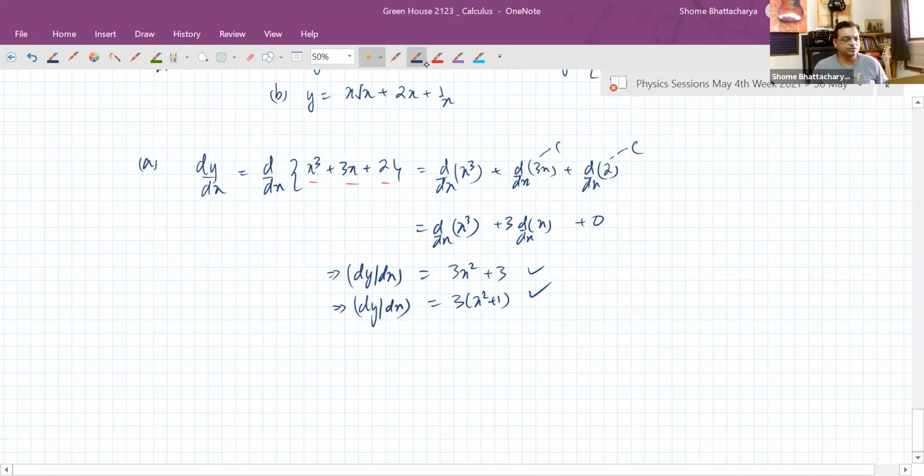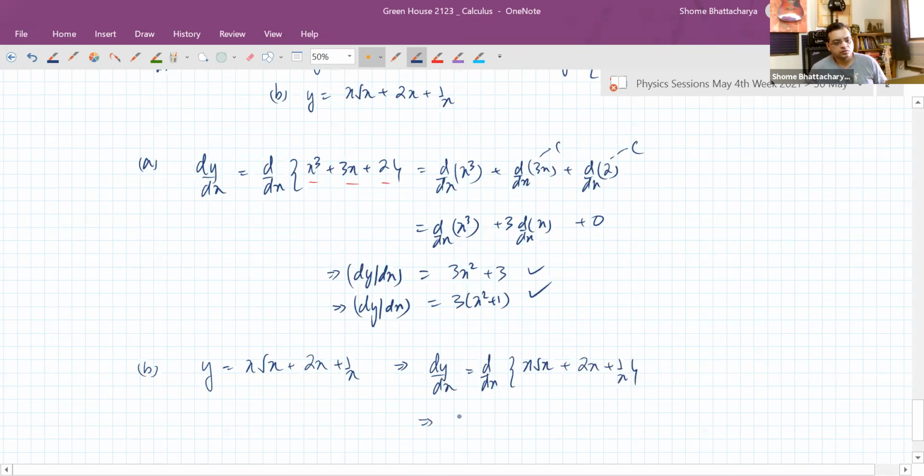Okay, second part is also fairly simple. We just have to do a bit of simplification. So y is equal to x root x plus 2x plus 1 by x. So when we apply the differentiation operator, you can see that first separate it out like this.